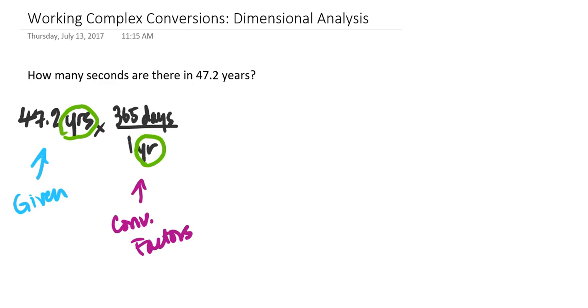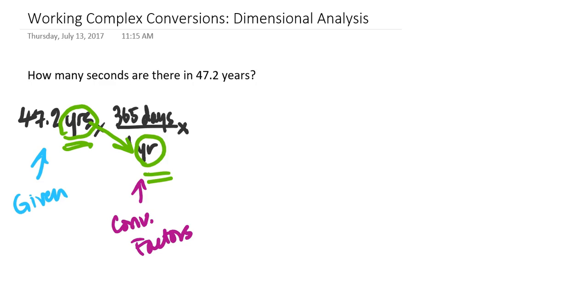So for example, here I'm starting with 47.2 years, which means I need the unit year in the denominator of the next term so that the year units are diagonal to each other. If I keep this in mind, it helps me progress from one conversion factor to the next until I have the problem solved.